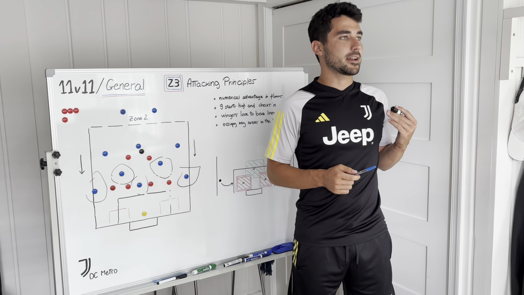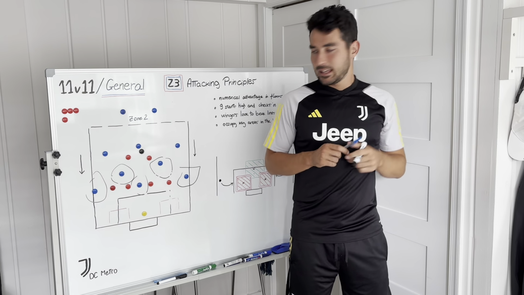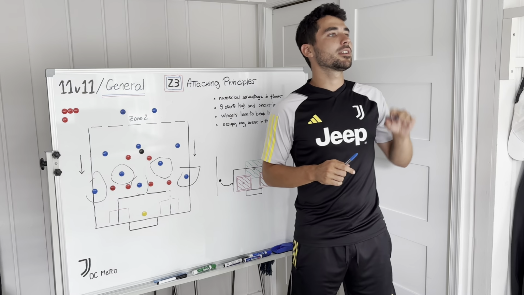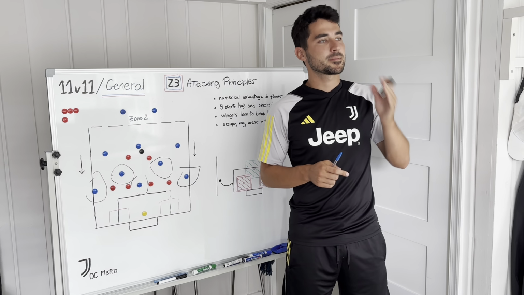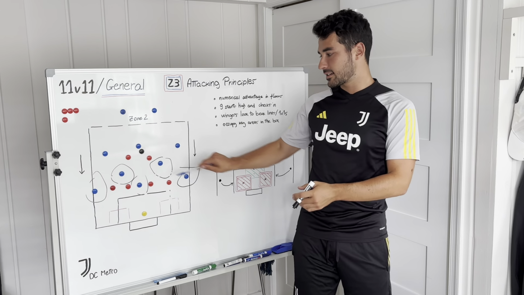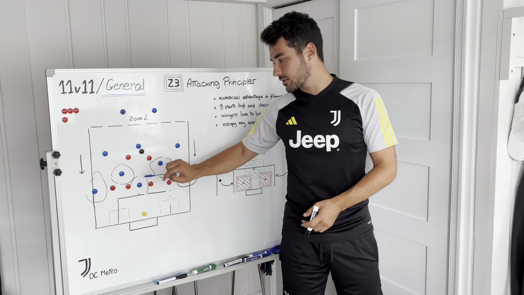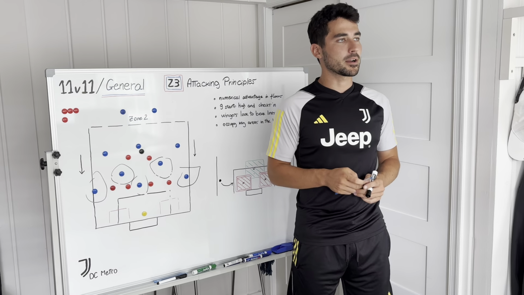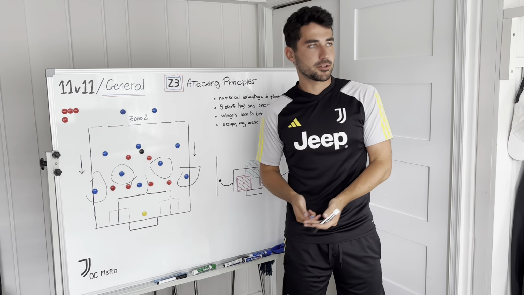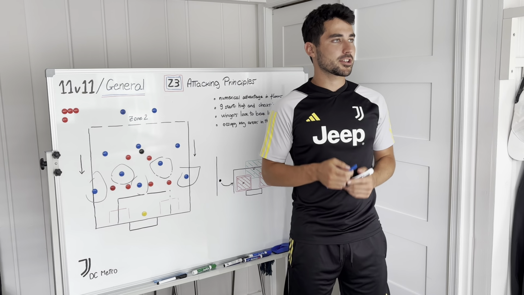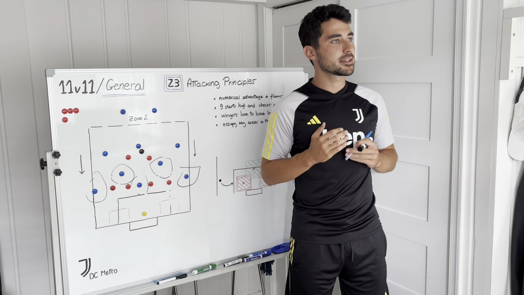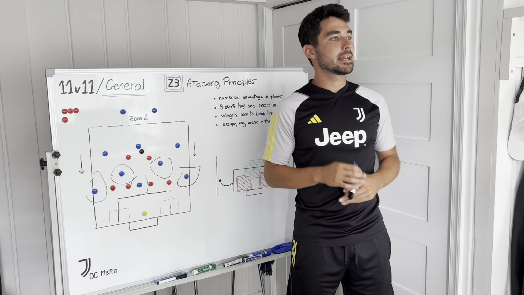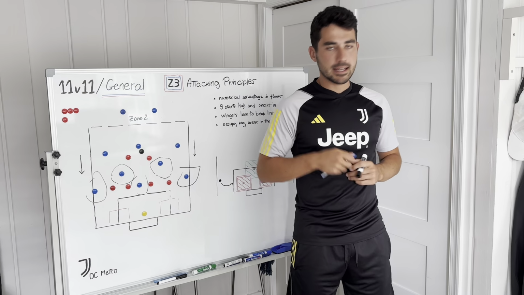Going back to a point that I mentioned earlier, these 5 containers don't need to be filled by specific positions. This is not just for the 10, this is not just for the 9, this is not just for our winger, right? When we get to the final third, we want our players to be less schematic, less robotic, less mechanical, less pattern.